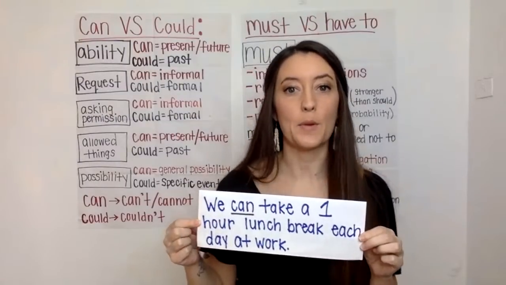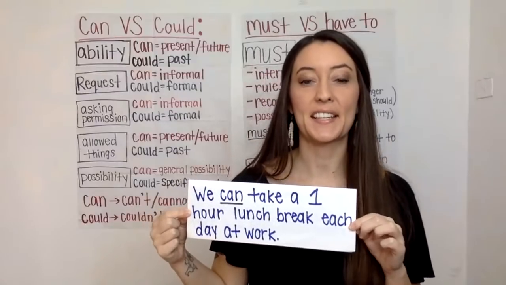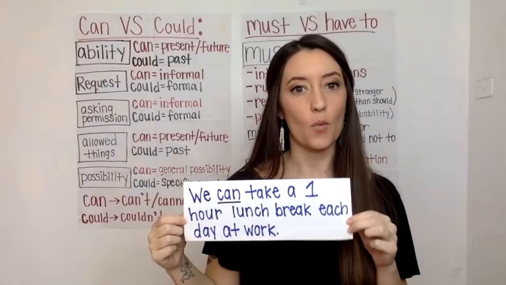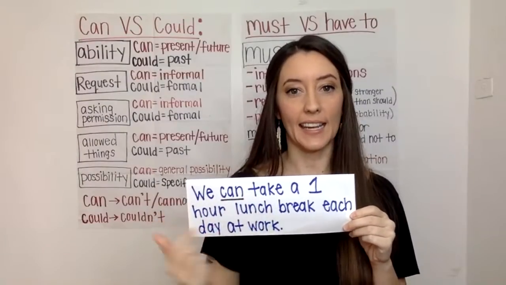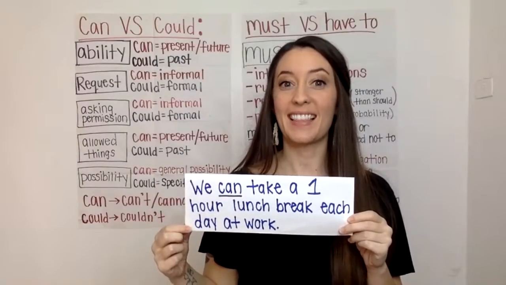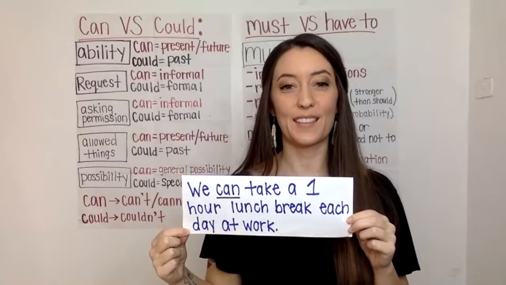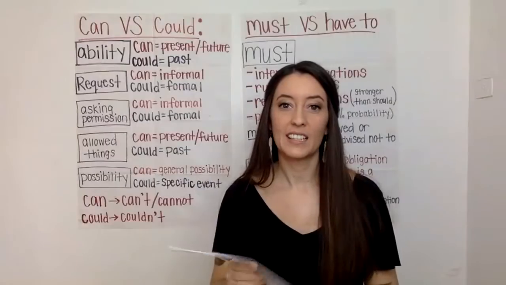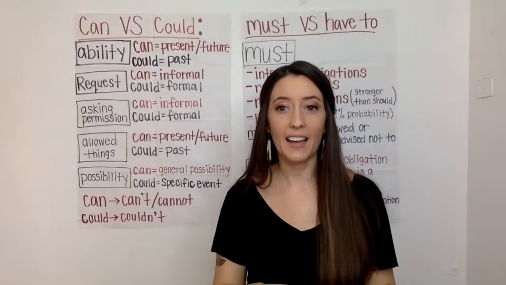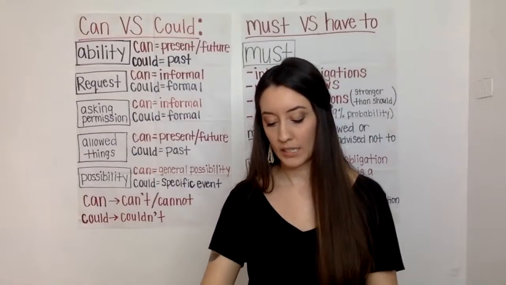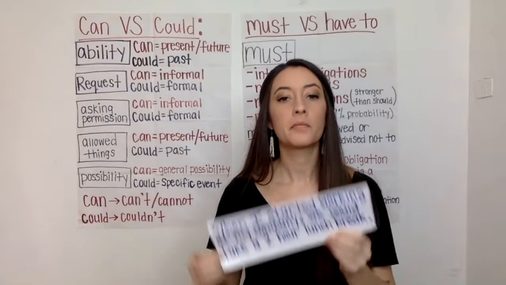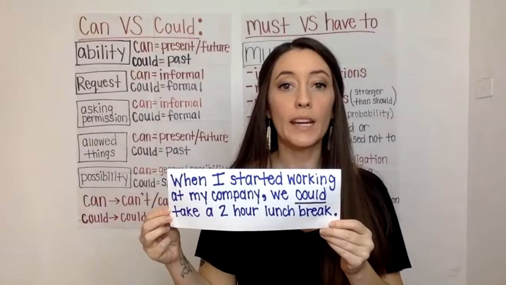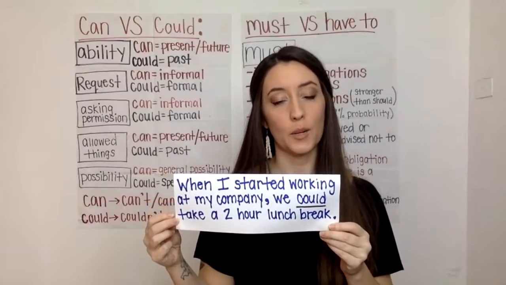Let's look at an example. This is for allowed things. We can take a 1-hour lunch break each day at work. We can take. This means we're allowed to take a 1 hour lunch break each day at work. However, if we want to use this in the past, we could say, when I started working at my company, we could take a 2 hour lunch break.